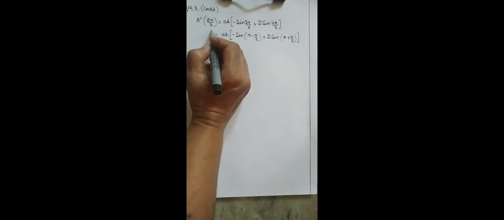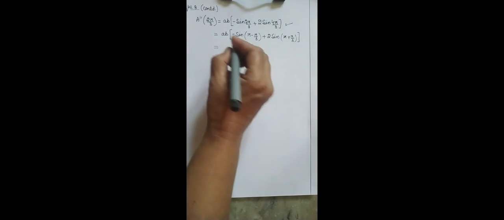So this will be equal to AB into minus sin theta plus twice sin 2 theta. Now I will find the value of this result at the angle theta is equal to 2 pi by 3, which will be A into B minus sin 2 pi by 3 plus 2 sin 2 into 2 pi by 3. So now the double derivative at 2 pi by 3 is this.